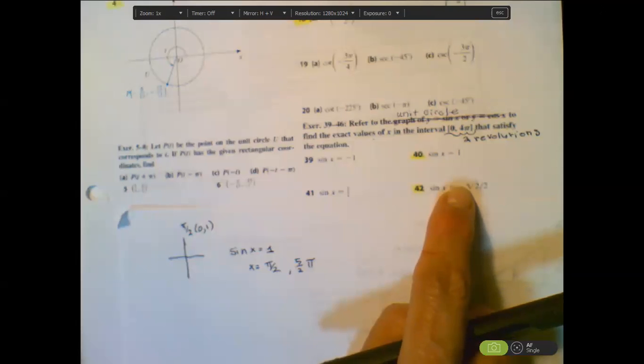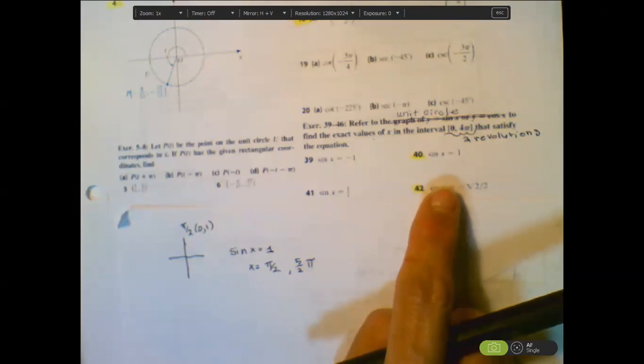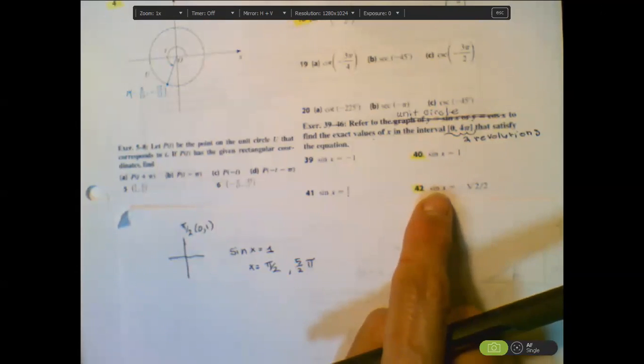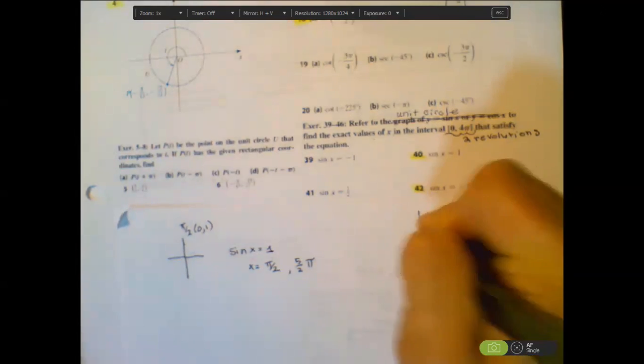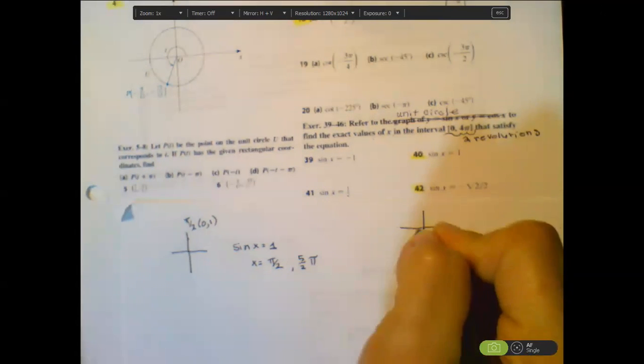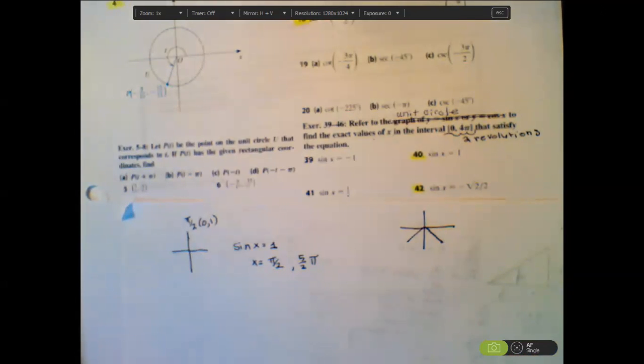Yeah, my pi over 4s have both the x and the y being square root of 2 over 2, except for positive or negative, depending on what quadrant you're in. So what two quadrants would have angles where sine, or your y coordinate, is negative? Quadrant 3 and 4. Okay, so I want the third and fourth quadrant multiples of pi over 4. That's the two angles I'm looking for.